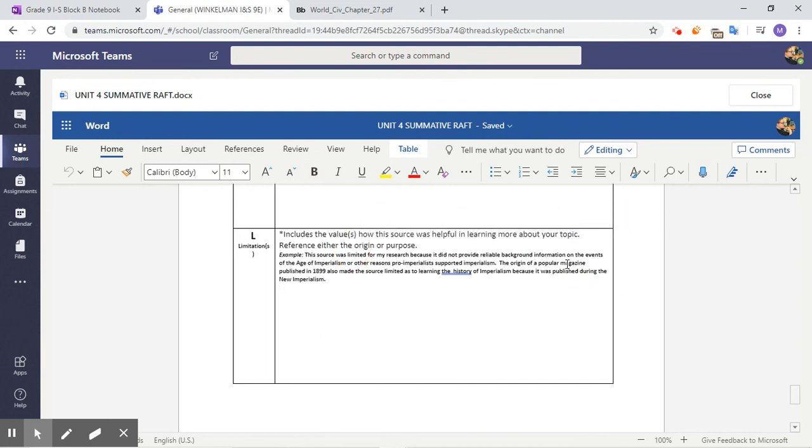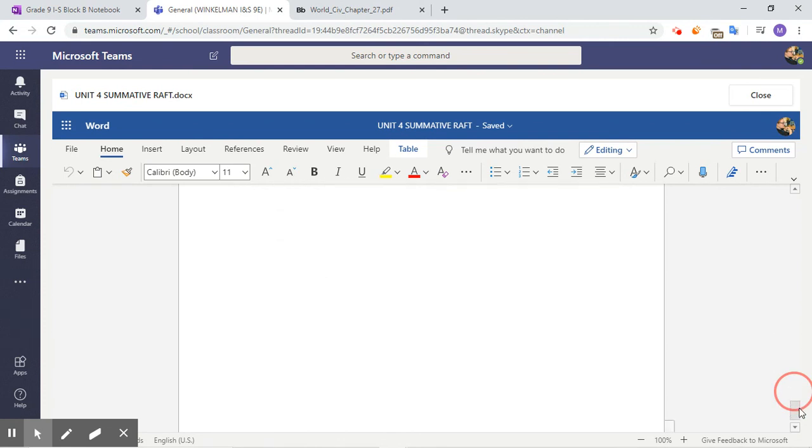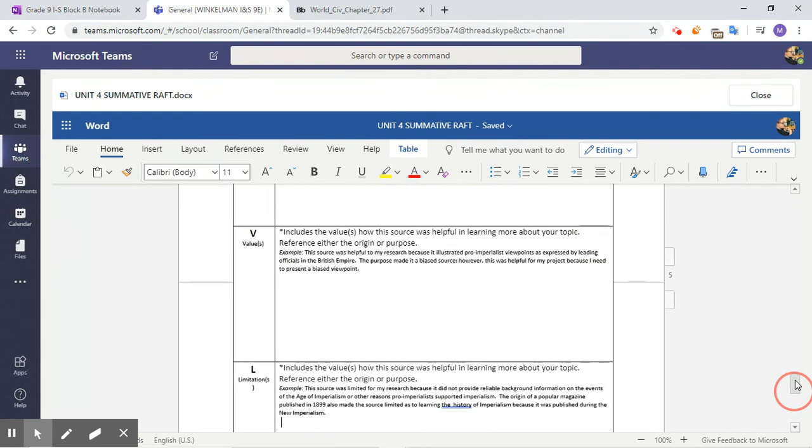I said the origin of a popular magazine also made it a limited source as to learning about the history of imperialism, because it was published during that time period, so I can't really get a good overview of what was happening because people didn't even completely know themselves. You have to reflect back on history after it happens. So anyway, I have examples and everything there. I do not want longer responses than this. Okay?